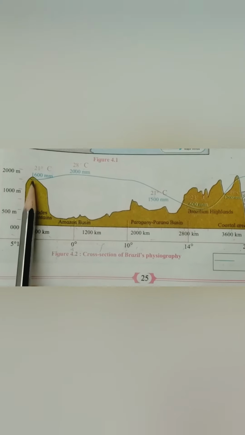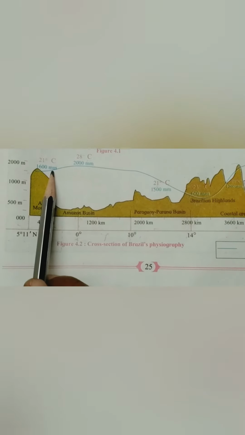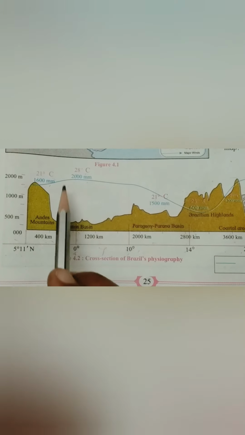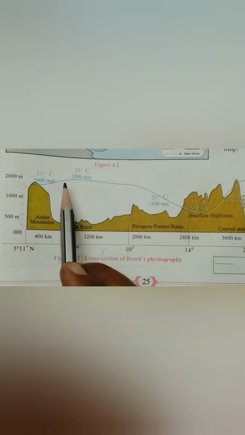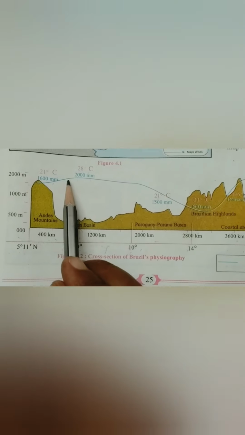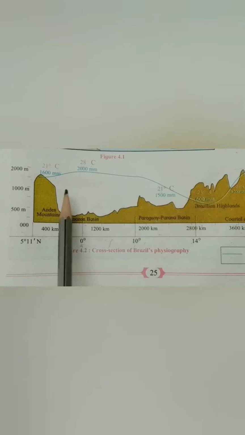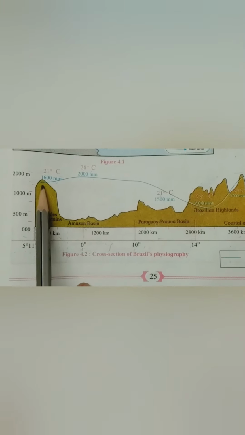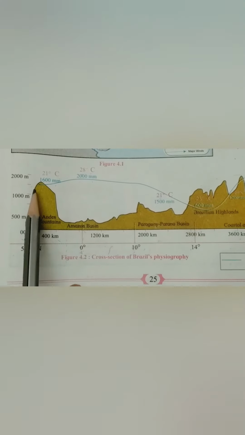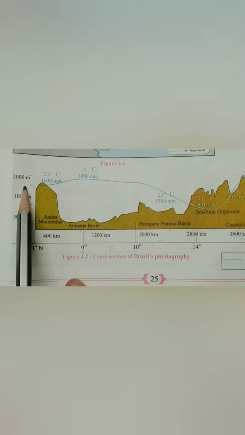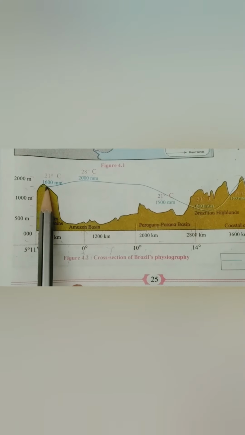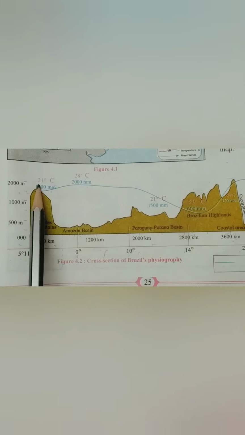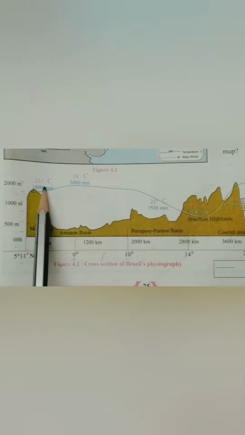On the edge of the Amazon basin, we have the highest peak, Pico da Neblina, and the height of the Andes Mountain is up to 2000 meters. The rainfall is 1600 mm, and 21 degrees Celsius is the temperature over here.